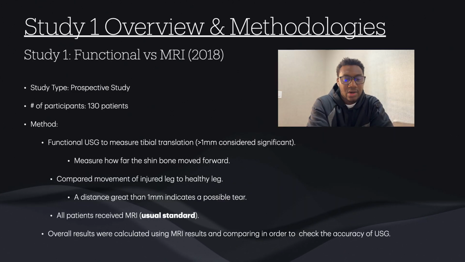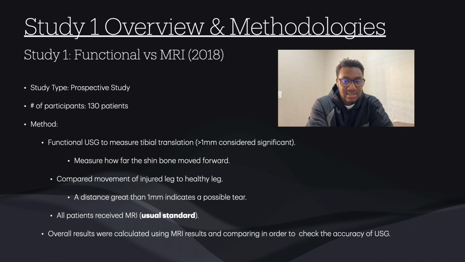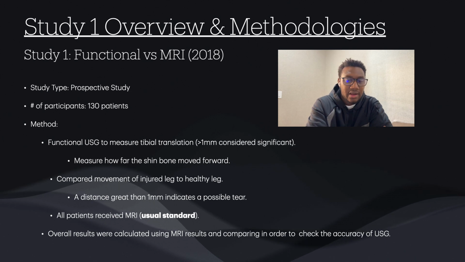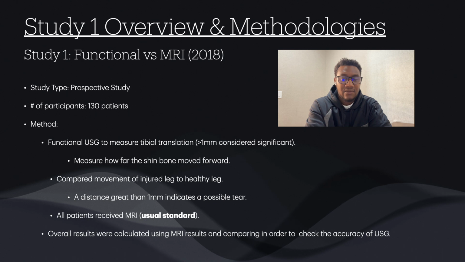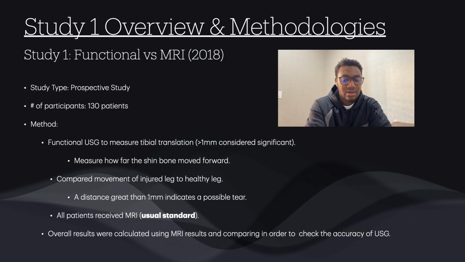So as we look at the study one overview and methodologies, again, study one was functional versus MRI. It's important to realize that this was a prospective trial, which involved 130 patients who were suspected of an ACL injury. The researchers used functional ultrasounds to measure tibial translations. Essentially, they were looking at the forward movement of the shin bone relative to the thigh bone.